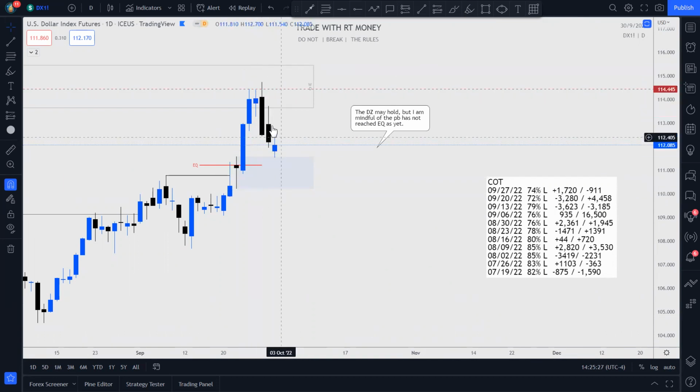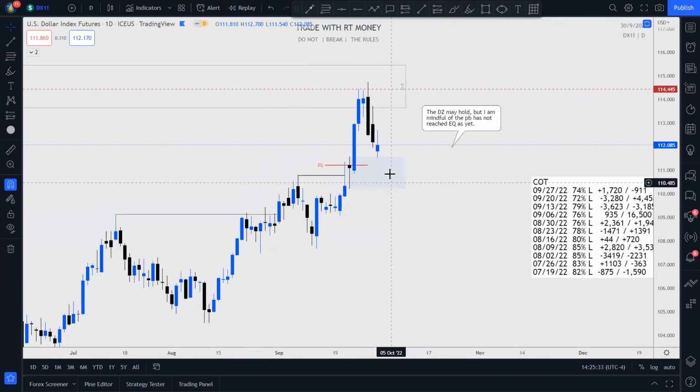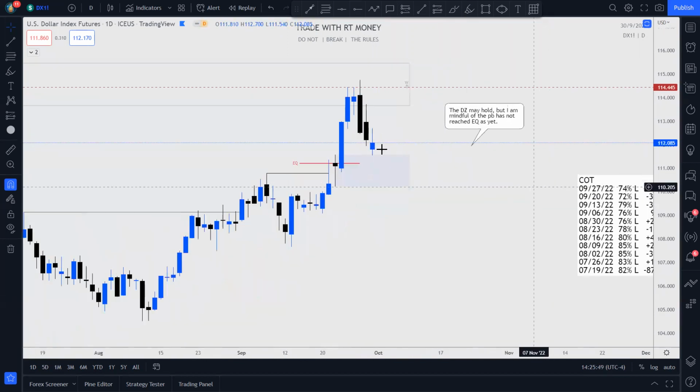In this case, it fell, and I find that very interesting. Again, they added way more longs than short positions, and the majority are long. So I want to go with the big boys. I'm still bullish, but price is moving bearishly.